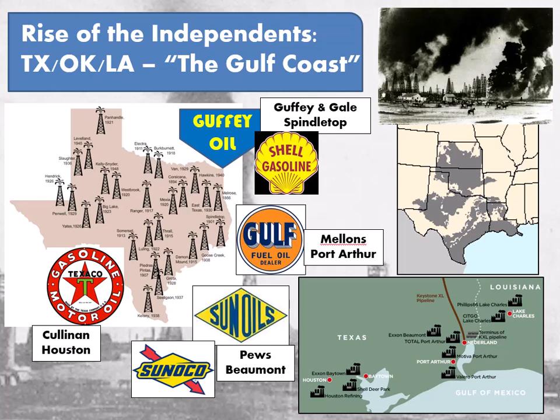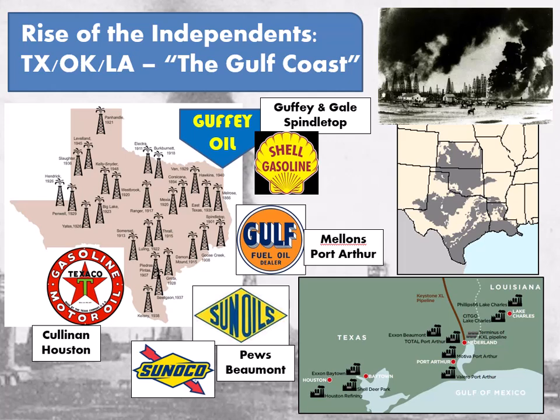So the first three that Jurgen tells you about all have their roots in Pennsylvania, were sort of significant players in the East Coast oil industry, and came down to Texas to make their play and emerge with their own independent foundation. So the story of Pure Oil, these guys Guffey and Galey, they sort of are the semi-con artists that come in and hook up with Higgins and get legal title to his discovery.